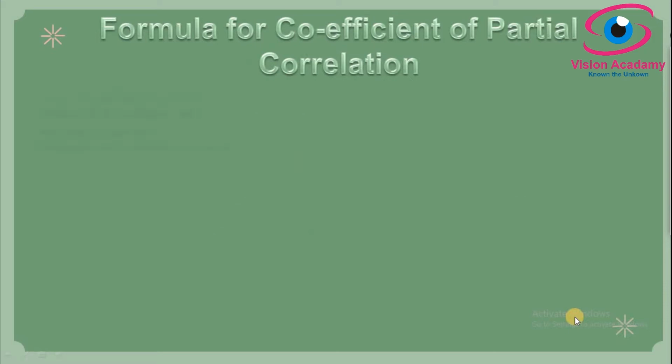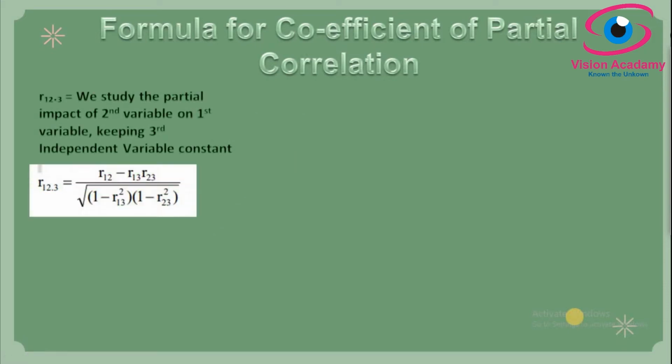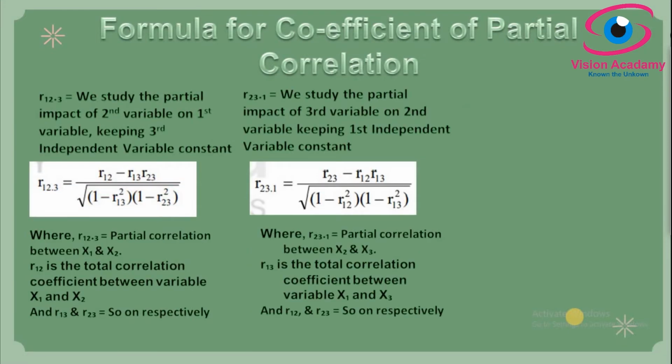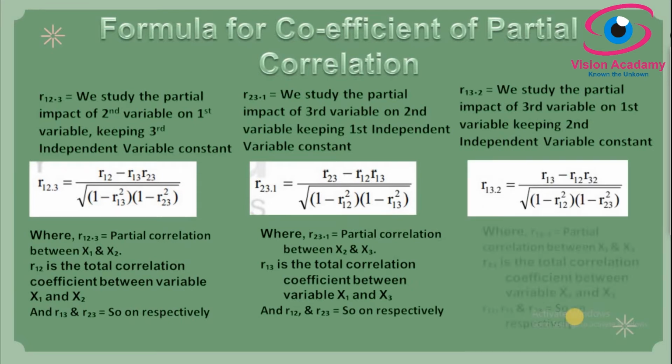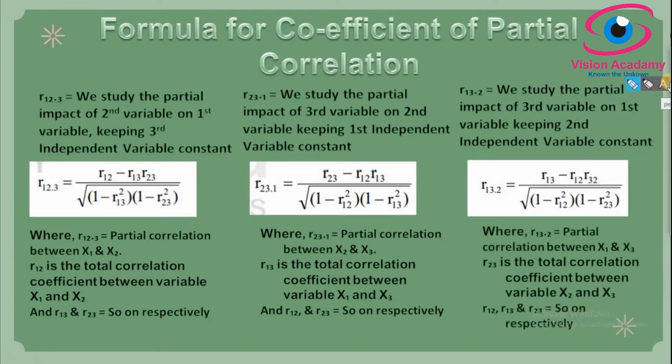And I know that you know the formula we use for the respective options. Here you can see that formula. I have explained this formula very thoroughly in my last lecture on partial correlation. Here I will just highlight it. As I said, we have 3 options: R12.3, R23.1 and R13.2. In the first option, we are considering R12.3.